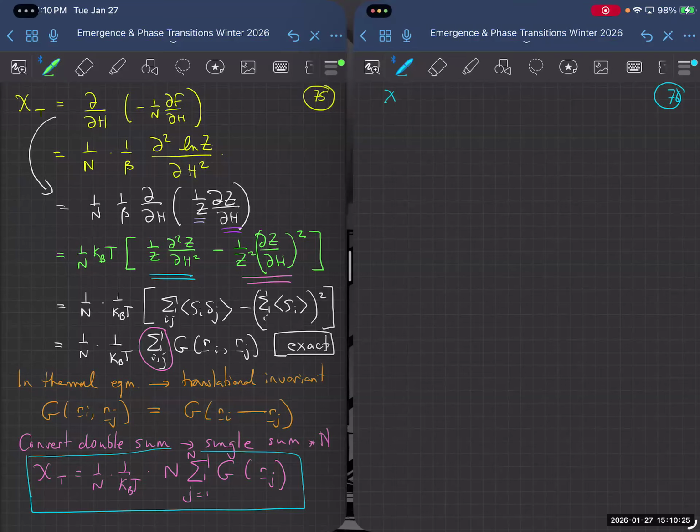Okay, so the n's cancel out. So chi_T is equal to 1 over k_B T, and then the sum over sites g(r_i). If I now go from the lattice into a continuum, so I start off with a lattice like that.